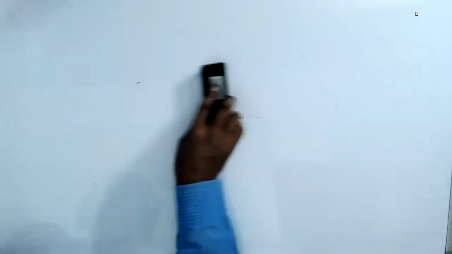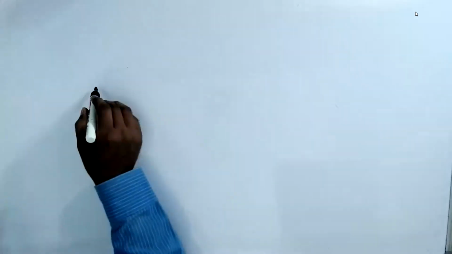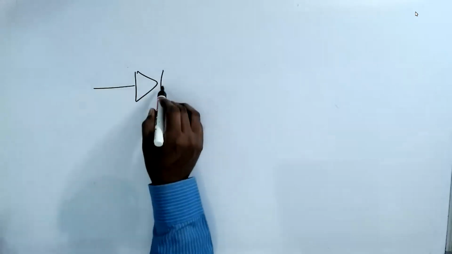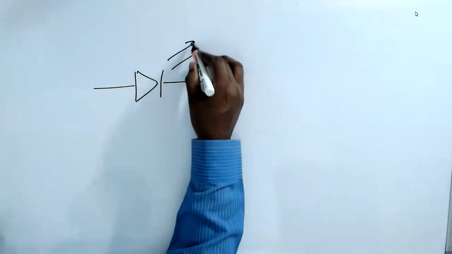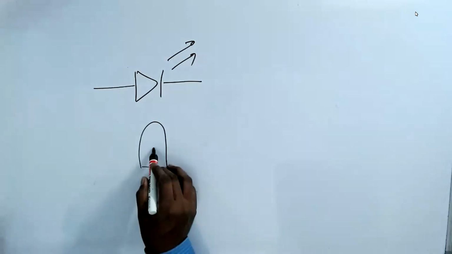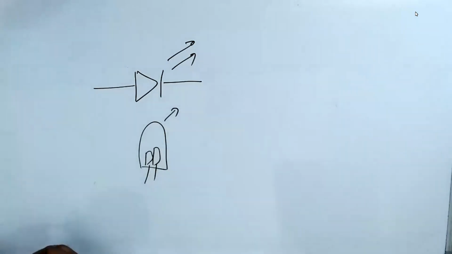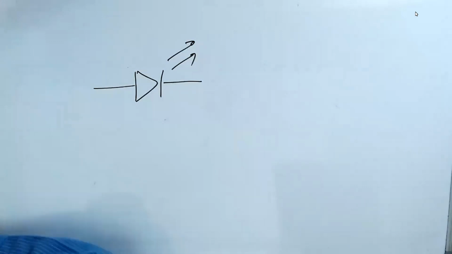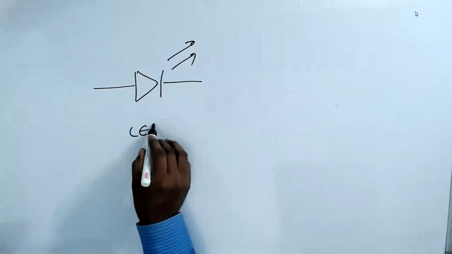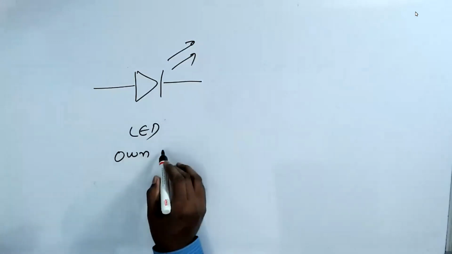The same way, the LED emits the light. You will know that cathode, anode. If you give power, it emits light. This LED has its own source of power, light.